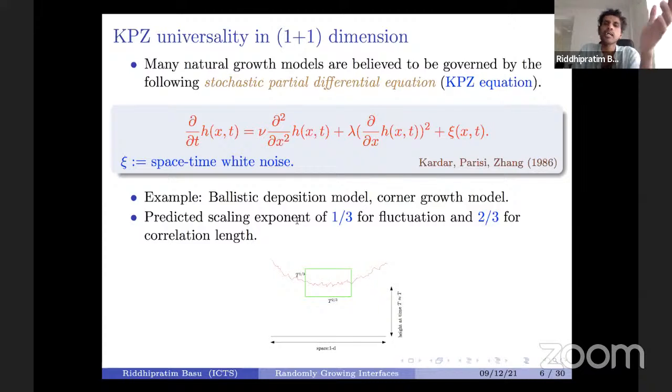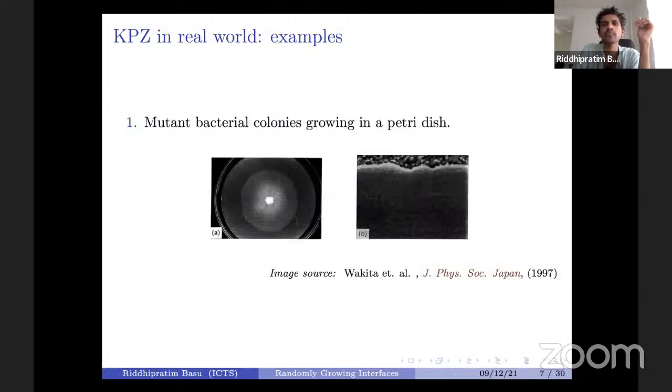So there are many examples of such models which are believed to be governed by this type of behavior. I'll explain some of these models later on. But before that, let me tell you why this particular equation and this type of models have drawn so much attention even outside mathematics. It is because in many natural experiments, you actually see these features popping out.